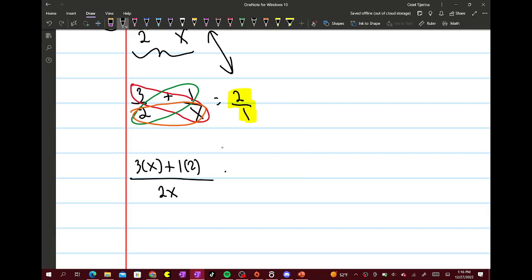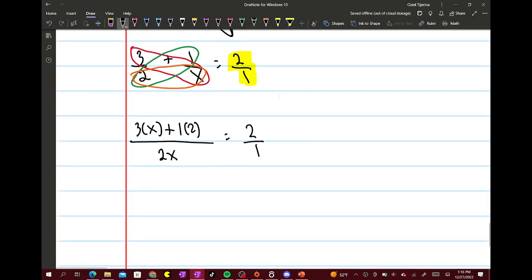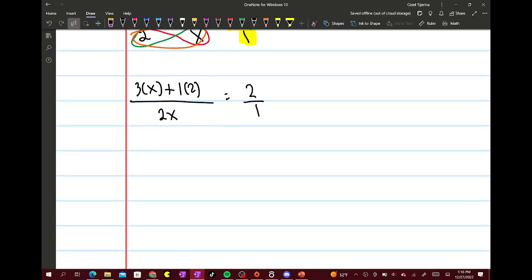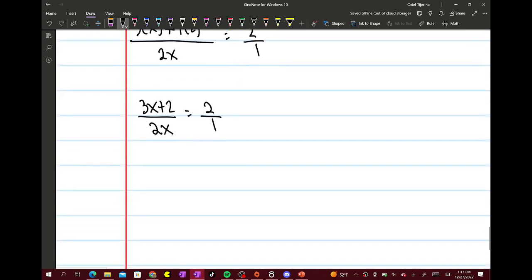And this is equal to 2 over 1, right? So then you're going to simplify this. So you have 3x plus 2 over 2x equals 2 over 1, right?